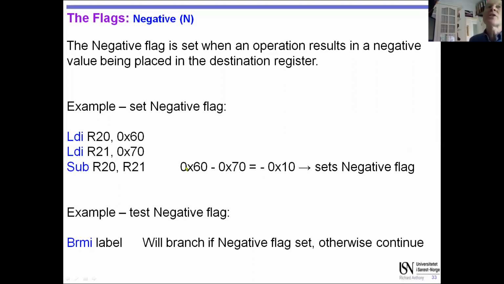So suppose these are unsigned numbers and that was unsigned, you would have no way of knowing that was a minus value. That would potentially be a positive number. So the negative flag tells you, look, this flag is set, so you've got a negative result. You've got to be careful because these could be two positive numbers, so there's not an obvious way of knowing that the result is negative unless you look at the flag.